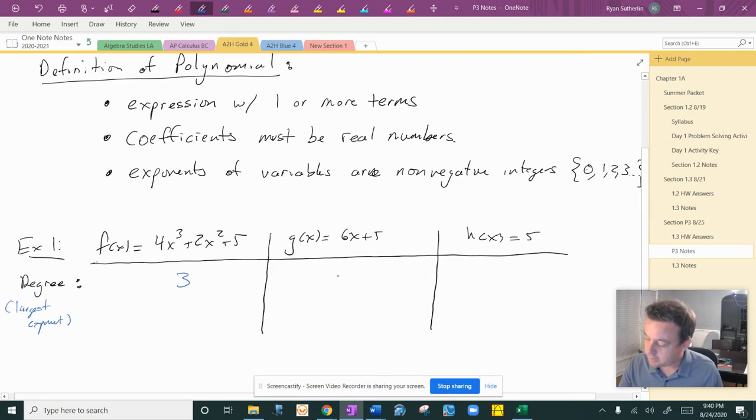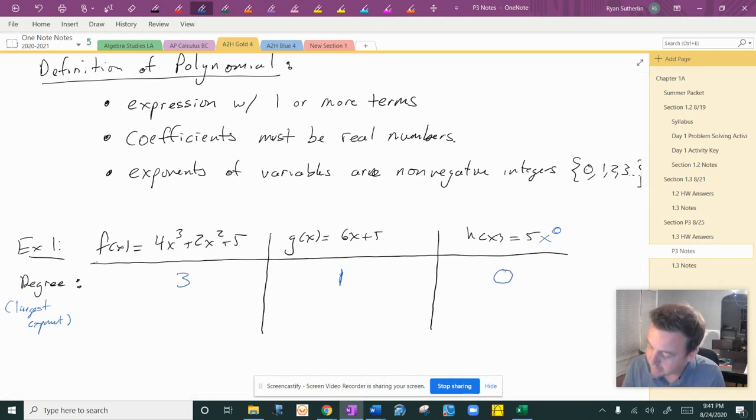The second one, the largest exponent is 1, so that's a first degree polynomial. And for h of x, there's really an x here, but the exponent with it is a 0, because if you remember your properties of exponents, anything to the 0 power is 1. So this is a 0 degree polynomial.